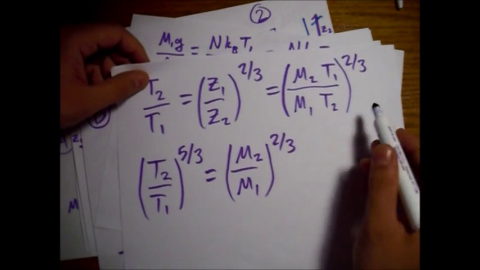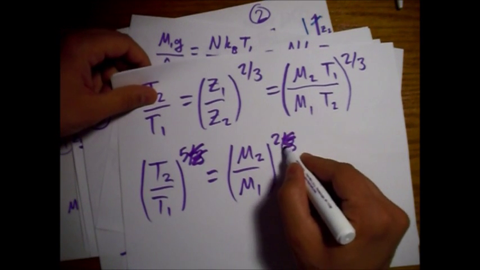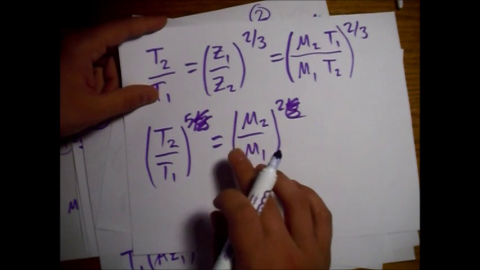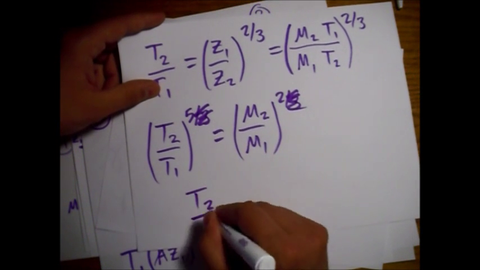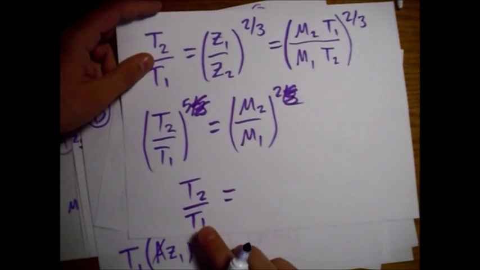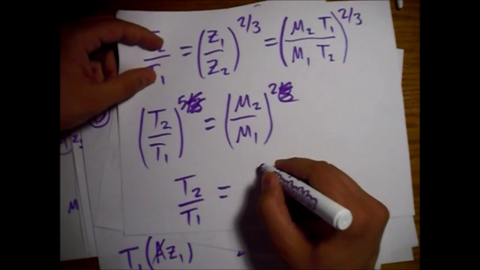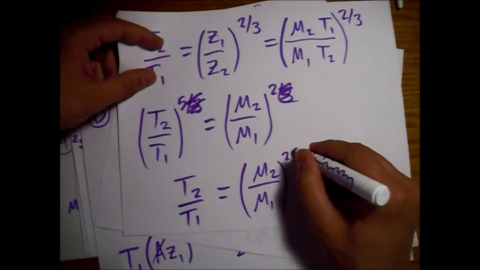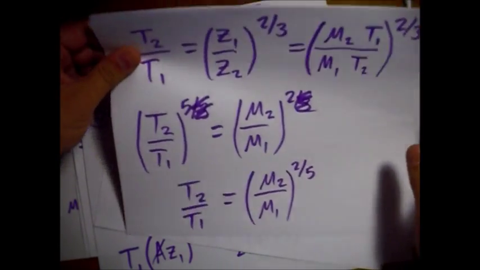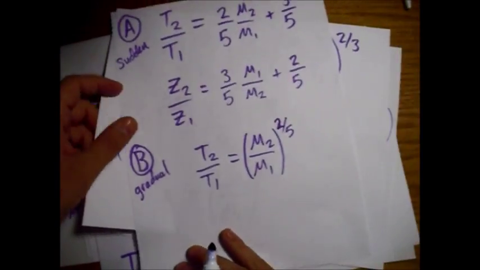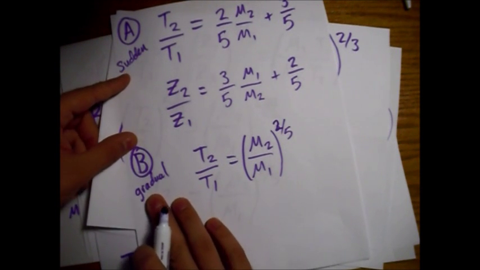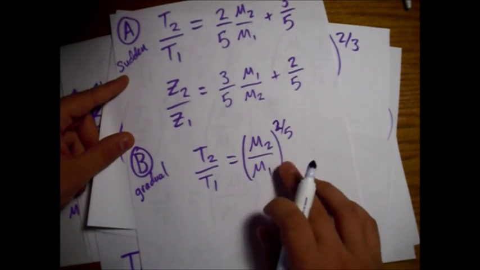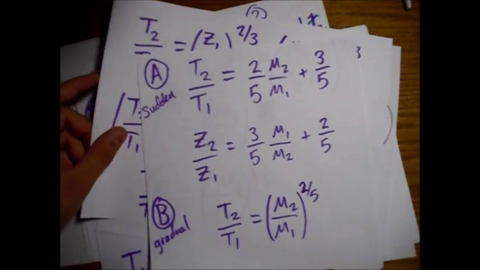So we can take the cube of this immediately, and we just have a fifth and a square over here. We'll take the 5th root of this to get our final ratio here. So we just have an M2 over M1, and this is to the 2/5. So for the gradual case of B, we have T2 over T1 equals M2 over M1 to the 2/5 power.